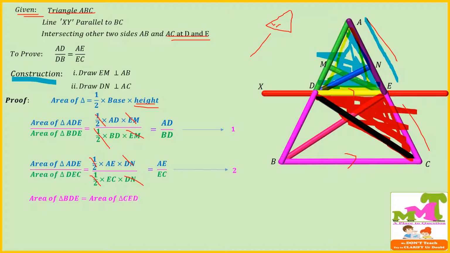Then coming to the third point, area of triangle BDE and area of triangle DEC are equal. What's the reason? The reason is very simple.